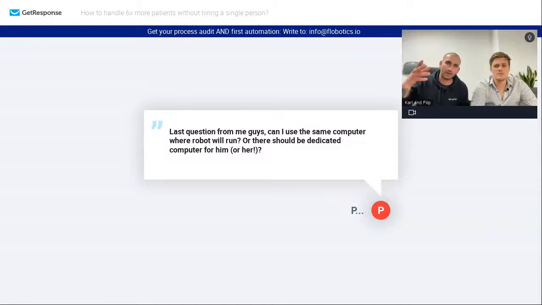Because people change their computers, they change settings, download viruses or whatever. If we have a controlled environment where only the robot works, then if something goes wrong, we can fix it easier and better because we know no one else tampered with this environment.